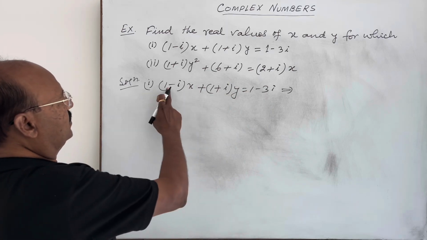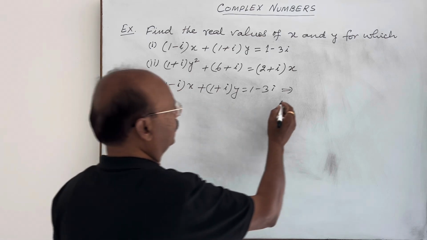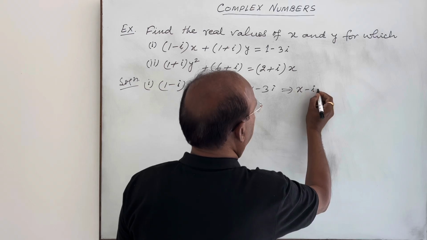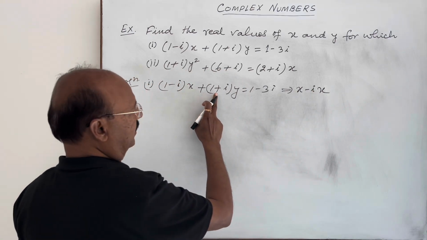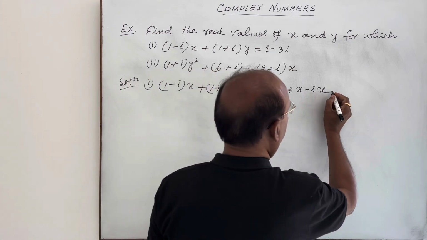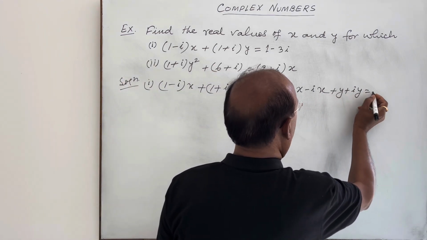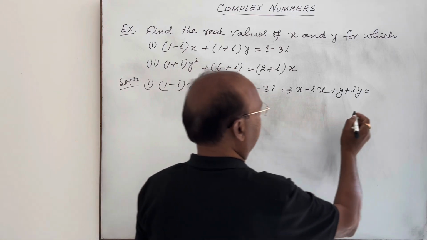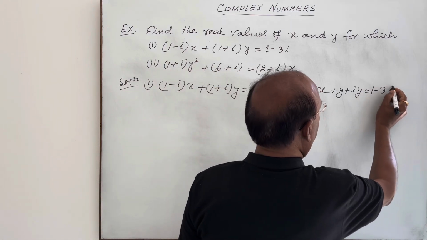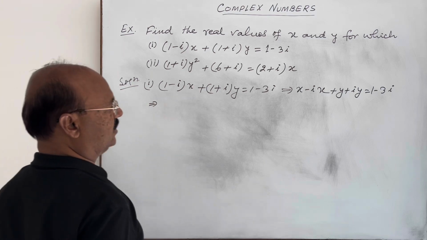So here (1 − i) into x is x − ix, and (1 + i) into y is y + iy, and the right hand side is 1 − 3i.